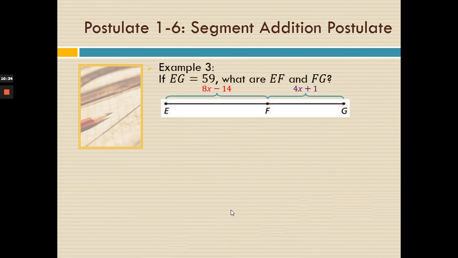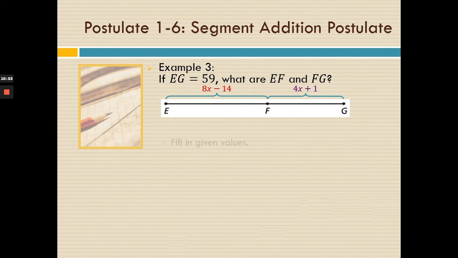Our last example, we're going to throw in some algebra skills with it. This one tells us that our whole entire thing altogether, EG, is 59. We need to find what the two chunks are based on this right here.